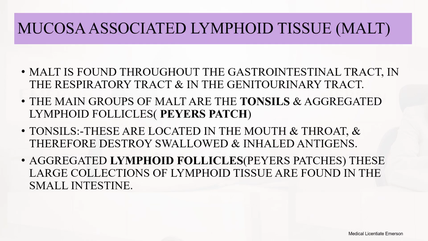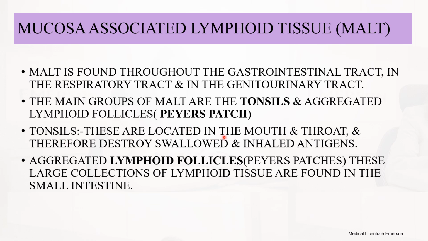Okay. Then the mucosa-associated lymphoid tissue, which is of course the MALT, as they call it. So mucosa-associated lymphatic tissue, MALT for short. MALT is found throughout the gastrointestinal tract, then in the respiratory tract, and in the genitourinary tract as well. Then the main groups of MALT are the tonsils and the aggregated lymphoid follicles, which are the Peyer's patches.